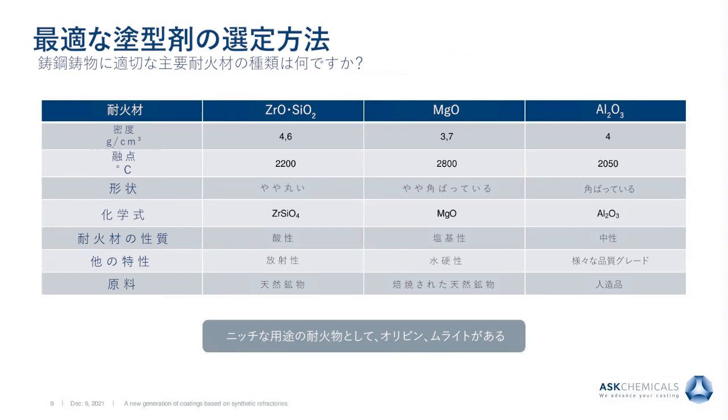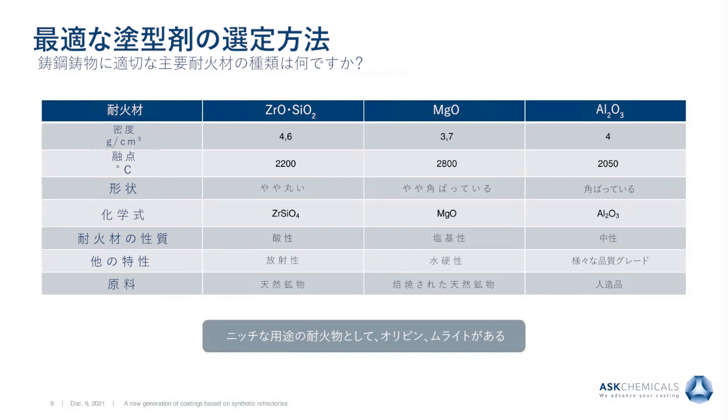And then we have alumina, also having a high density of around 4 and a high melting point of 2050 degrees, which is far enough for steel castings. The morphology is angular, and the beauty of this material is that the refractory is neutral.